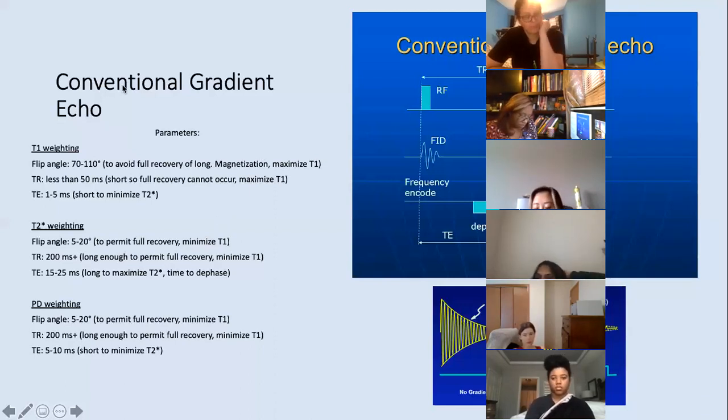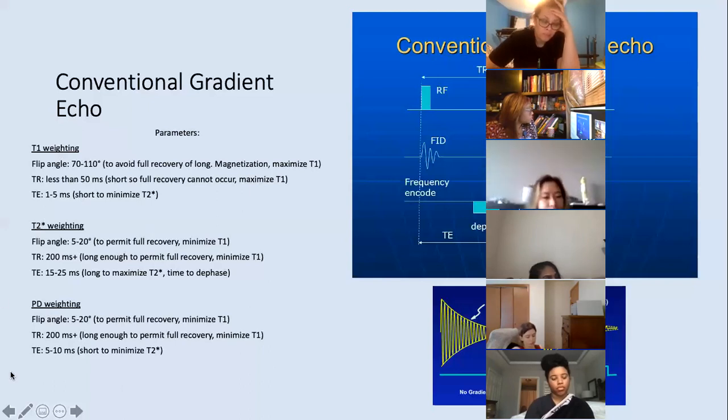All right, so when we're talking about conventional gradient echo and we're trying to get the desired image weighting, these are some of the ways we manipulate these extrinsic parameters. Remember, these are things that we can change on our MR console to get that desired image weighting. So when we want a T1 weighted image, we are going to select a larger flip angle.